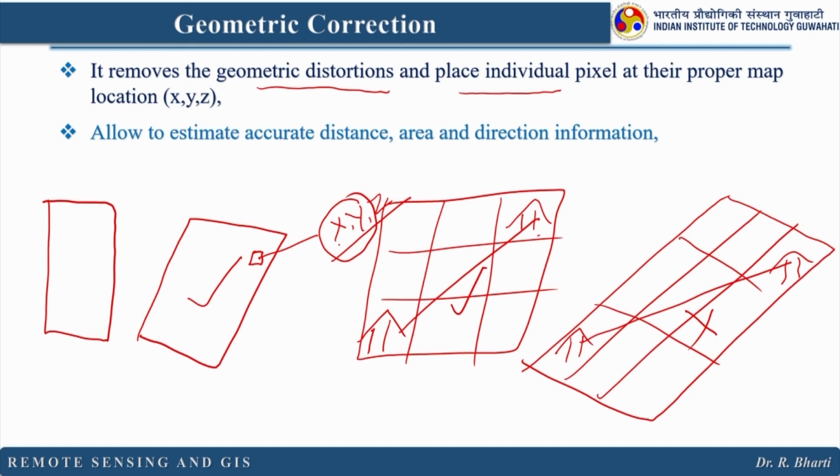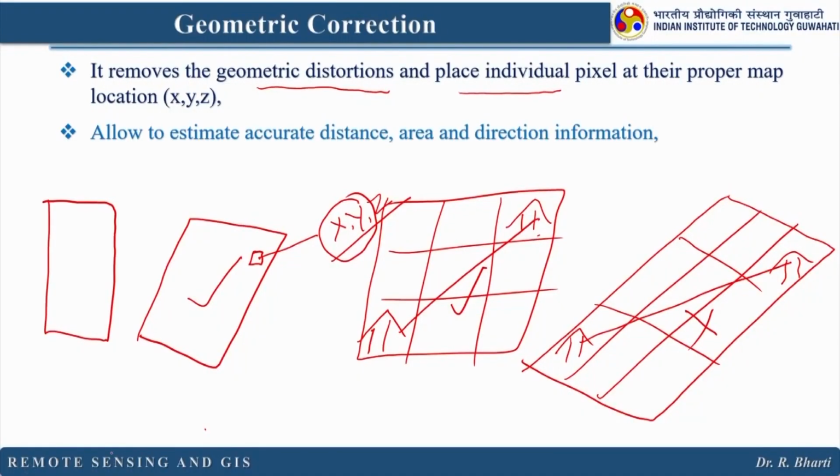Nowadays you must be familiar with Google Earth. In Google Earth, instead of writing the location name, you can write latitude, longitude, and Google Earth will take you to that particular location. How is it doing that? Because the whole system is defined in terms of x and y, right. So, this is the advantage of doing this geometric correction.